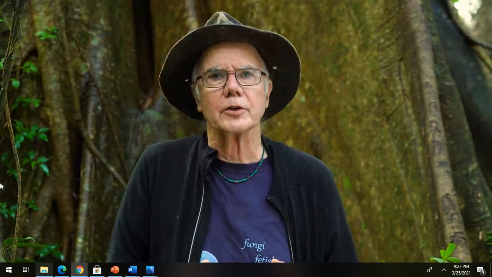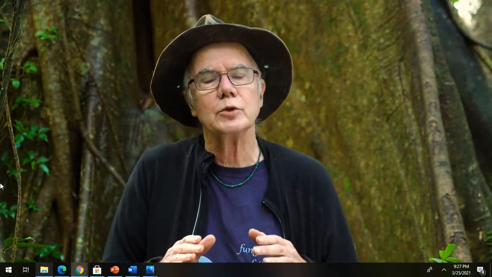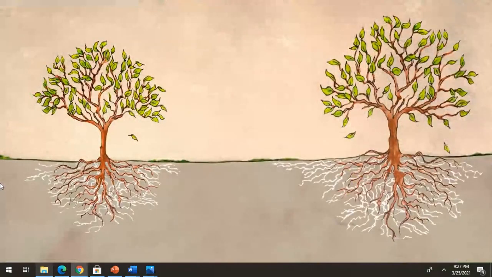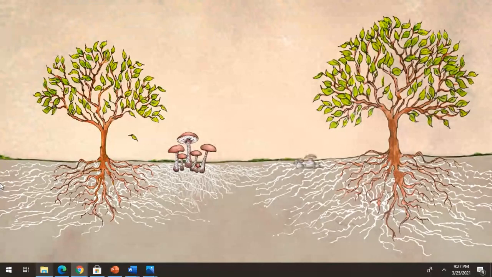Another type of mushroom that I photograph in the forest are called ectomycorrhizal fungi. These live in a mutualistic relationship with trees. They provide the trees with water, minerals, and nutrients from the soil. The trees provide carbohydrates to the fungi. You might have heard of the wood wide web. That's where the mycelium connects all the trees in a forest through a vast network.